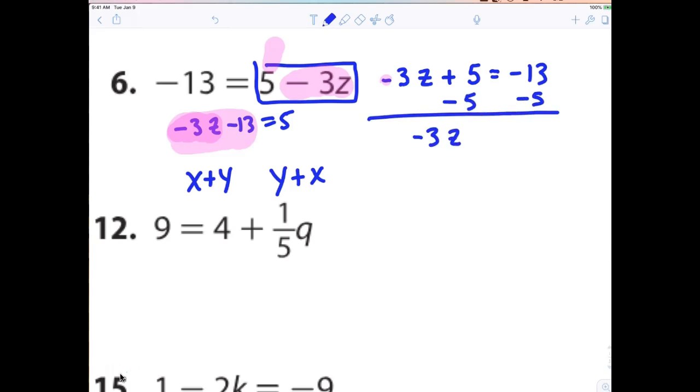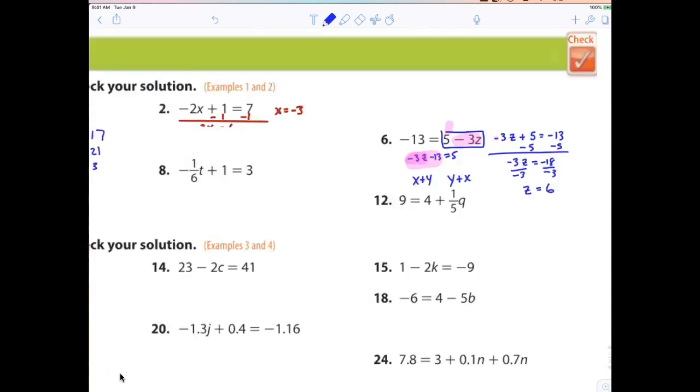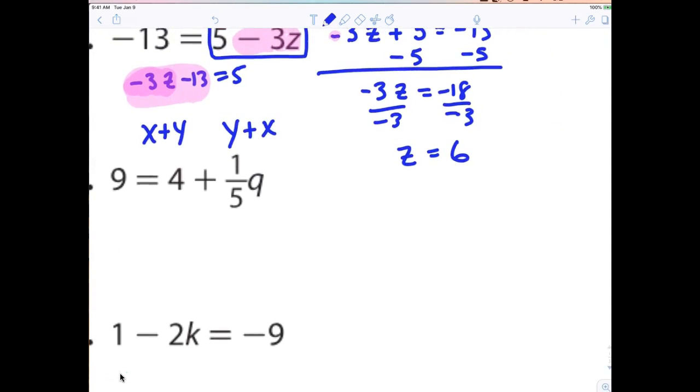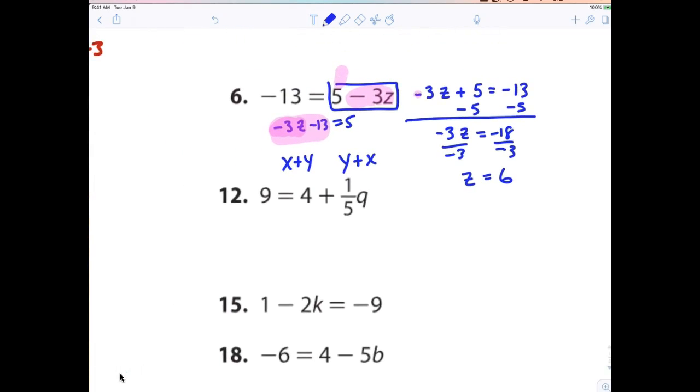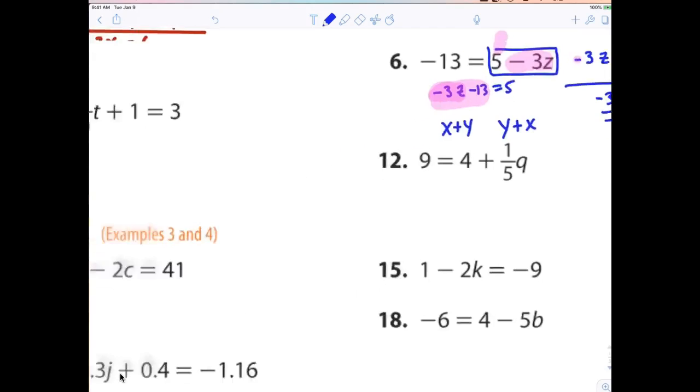So I have negative 3z equals negative 18. So divide by negative 3. So z is equal to what? 6. Z is equal to 6. Everybody good with that? Because a negative divided by a negative is a positive, right? Is that okay? All right. Be careful. That's how I want you to write it. All right, let's find 8.